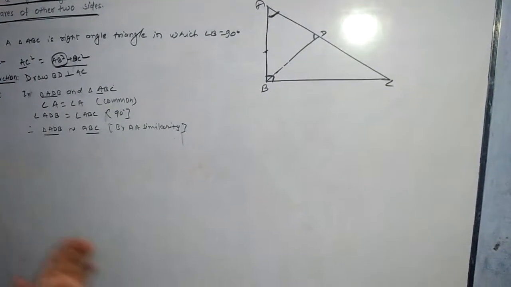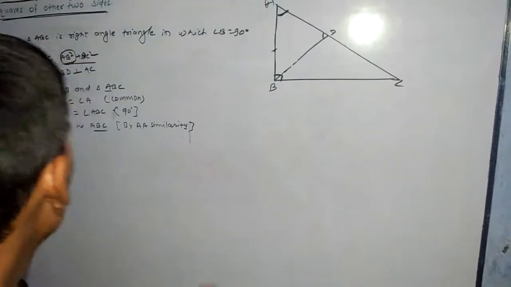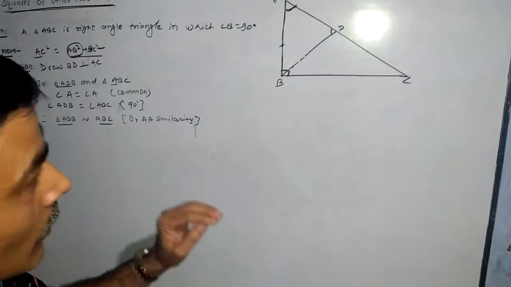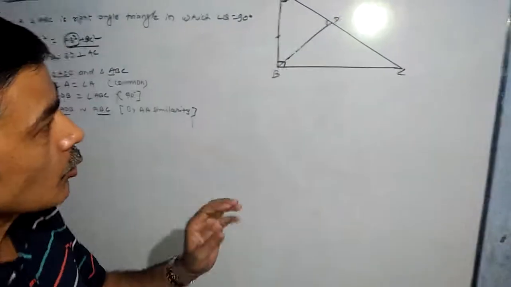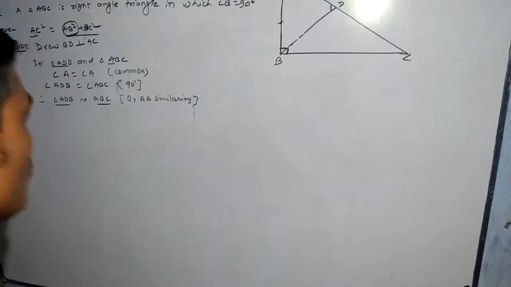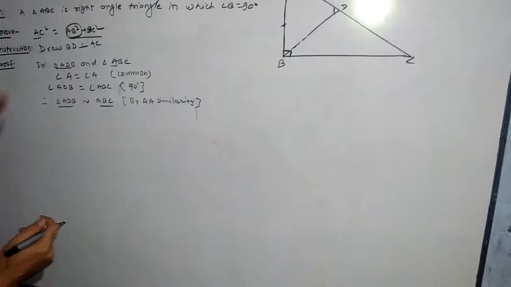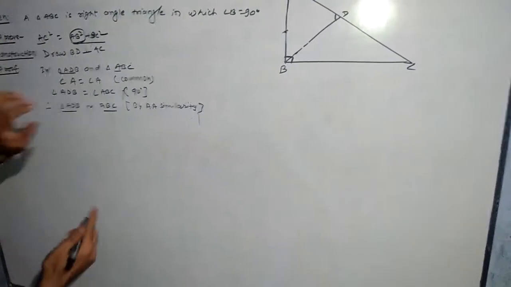Now also we know that in any two triangles that are similar, the corresponding sides are also equal in the form of ratio. So at last we have to write what we require.